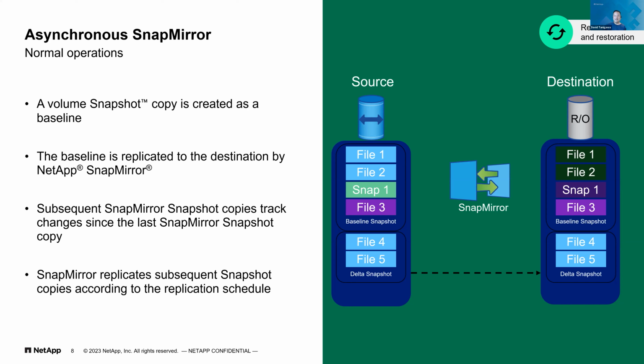NetApp IT uses async SnapMirror with a vault policy type and daily updates for protection of our production data. And since we have SnapLock configured on vault destinations, those destination volumes are already read-only, and there's no need to explicitly commit snapshots to WORM, versus using SnapLock on a read-write volume.